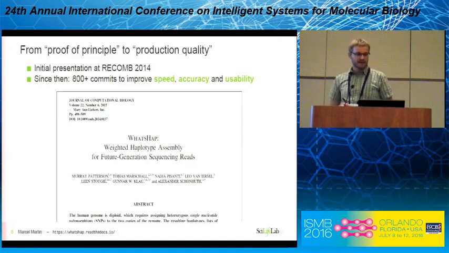As evidence, I will tell you that we have made more than 800 commits to the repository since the initial proof of concept implementation, aimed at improving speed, accuracy, but most of all, usability of the program.